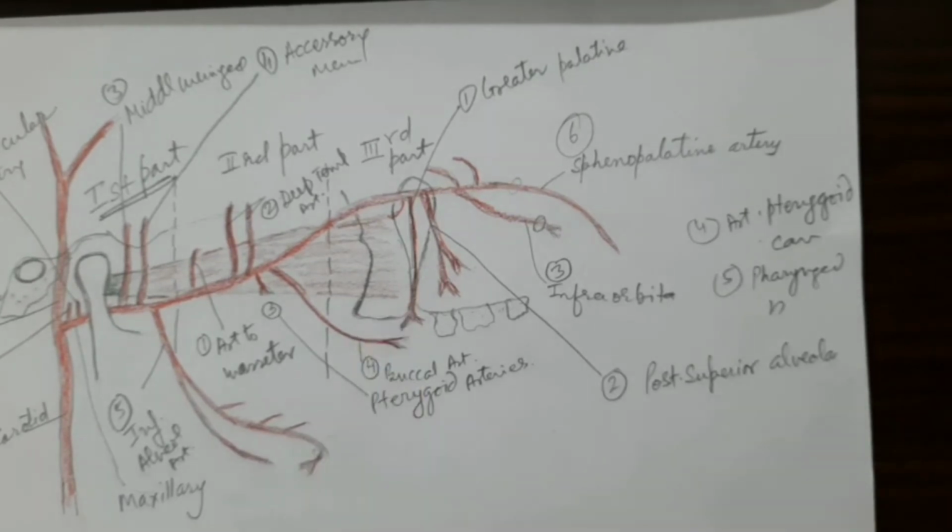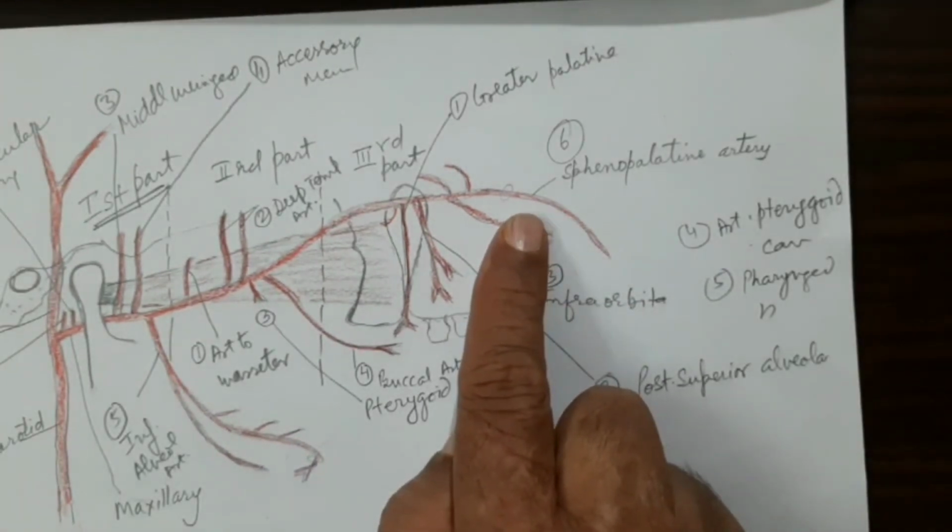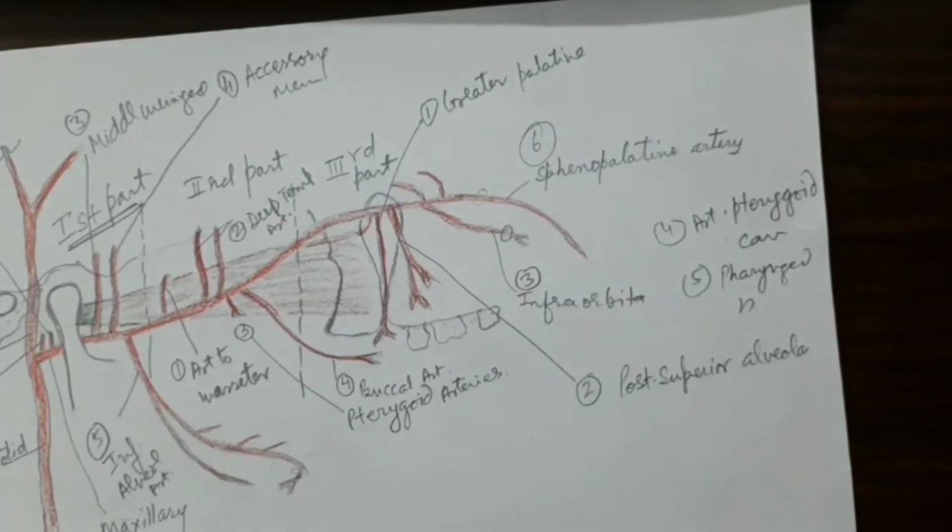It will immediately go through this foramen to the nasal cavity, where it will supply blood to the mucosa of the nasal cavity. This is the sphenopalatine artery, that is the sixth branch.